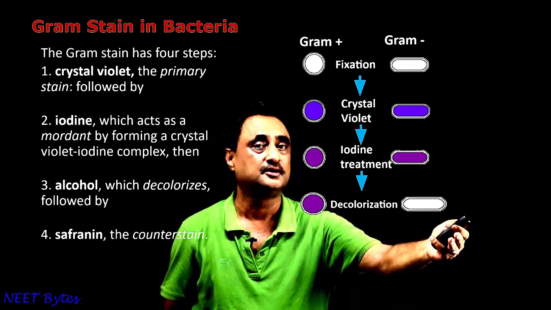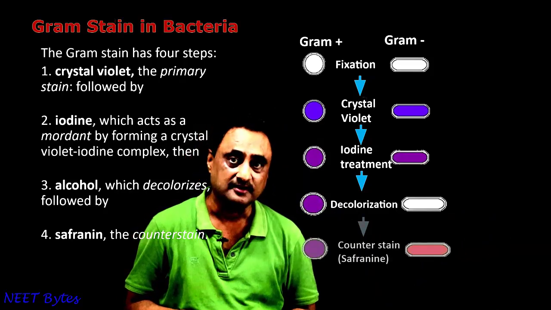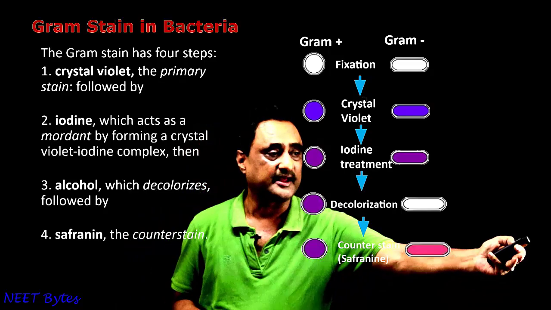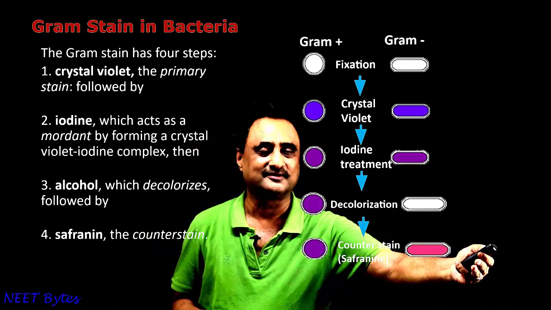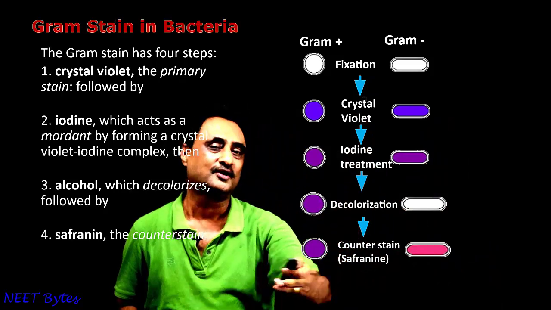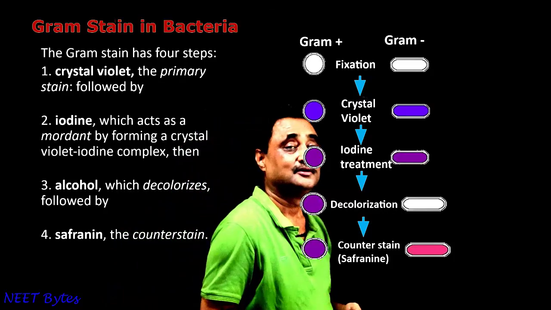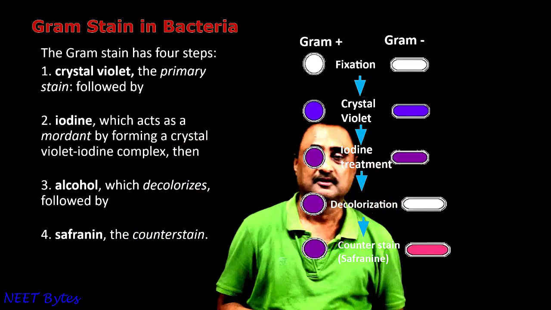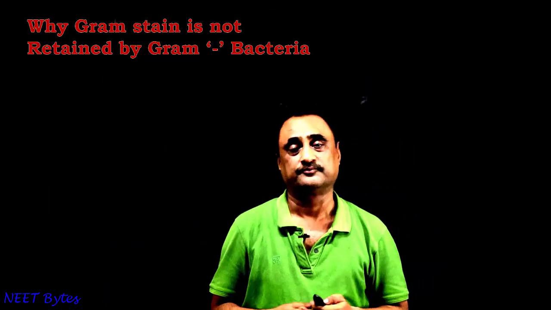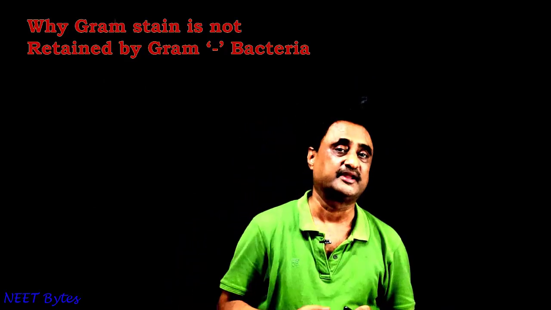They are not retaining the crystal violet. When it is counterstained by safranin, gram-negative appears pink and gram-positive appears violet. So this is all about the gram staining. Now there is one big question: why is the gram stain not retained by the gram-negative?